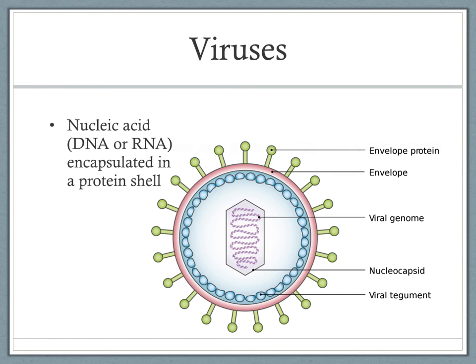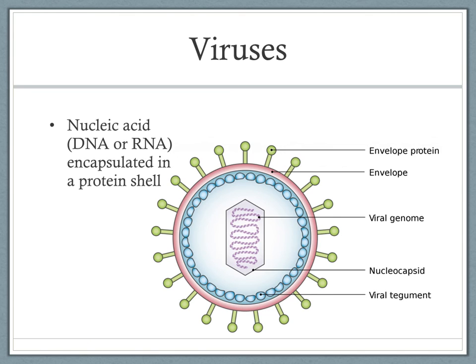Viruses. Surely you've come into contact with a virus or two in your lifetime. Influenza, cold viruses, hopefully nothing more than that. Viruses are materials that have nucleic acid, either DNA or RNA, covered by a protein shell, and the structure of a typical type of virus is shown here.